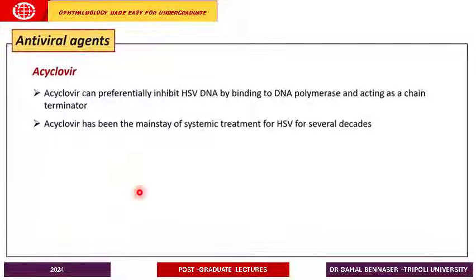about this drug. The acyclovir works by inhibiting the virus DNA, by inhibiting the DNA polymerase, so it is virucidal. It causes damage to the DNA of the organism, so it leads to its death. And as I said, it is one of the mainstays of systemic treatment for herpes simplex keratitis.